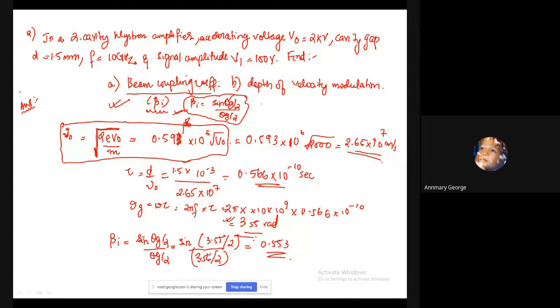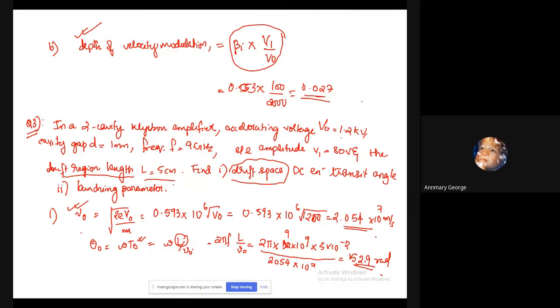Also make a note on depth of velocity modulation. What is depth of velocity modulation? Beta I into V1 by V0. This is very important. Also the equation for bunching parameter X. Please study these equations.